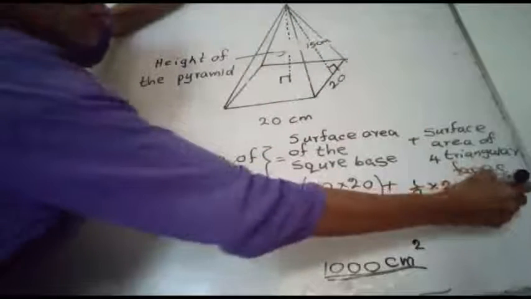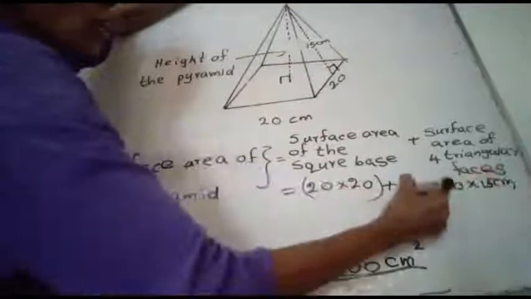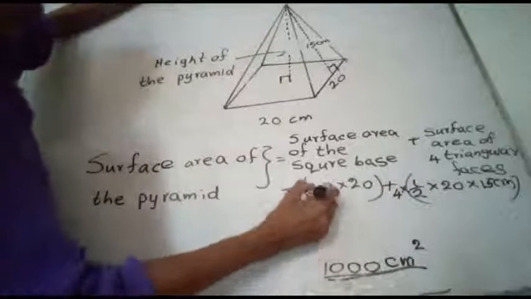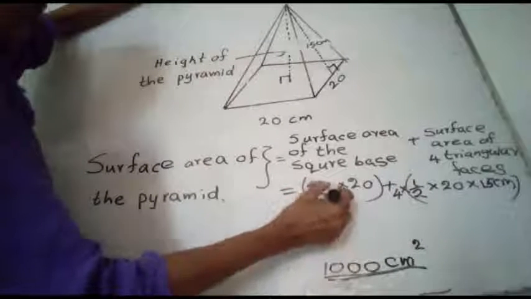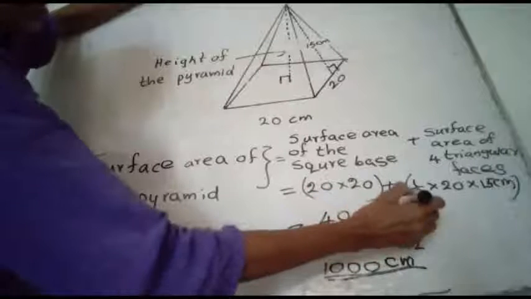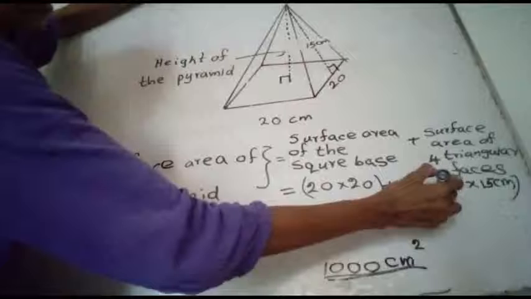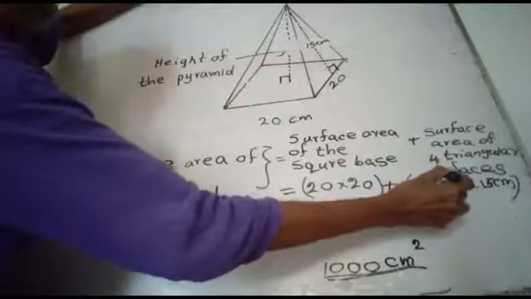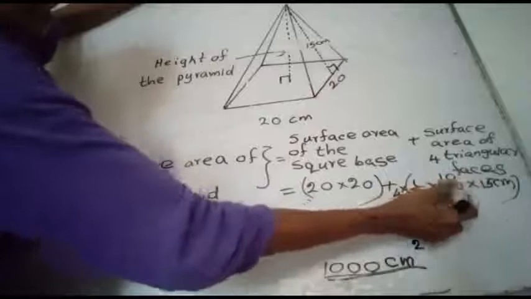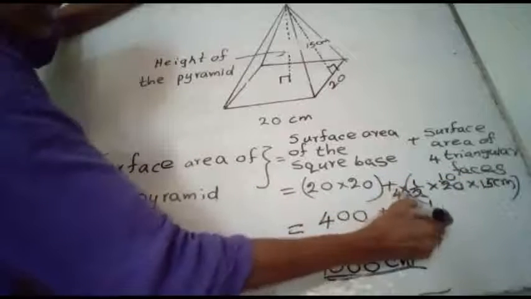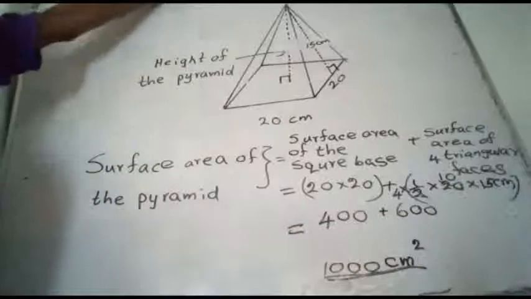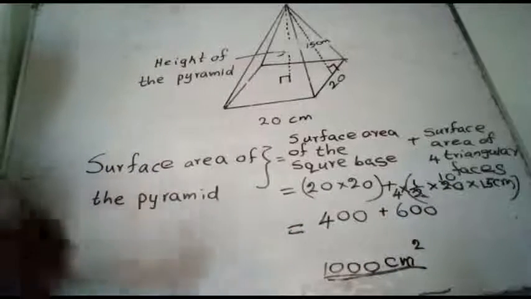Perpendicular height is 15 centimeters, times 4. 20 times 20: 2 times 2 is 4, we add 2 zeros to the end, 400. Plus 20 divided by 2 is 10. 10 multiplied by 15 is 150. Multiplied by 4 is equal to 600. 600 plus 400 is equal to 1000 square centimeters.